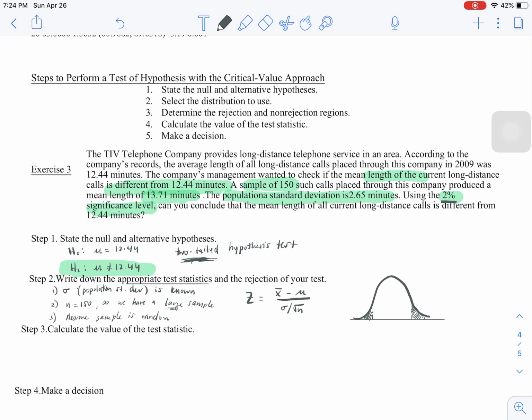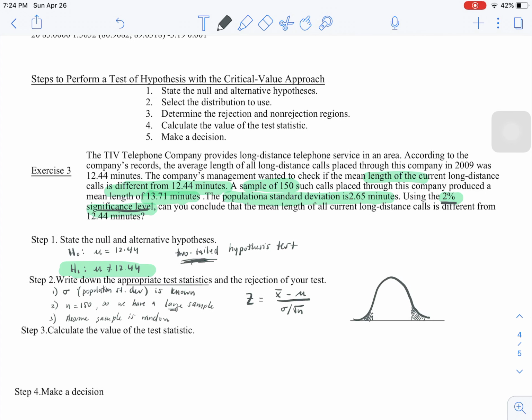Next, we'll use our significance level. We know that our significance level is 2%. So that means that the area in both the tails together is 2%. So the area in each tail is half of 2%, or 1%.